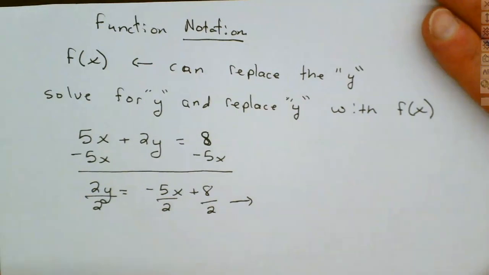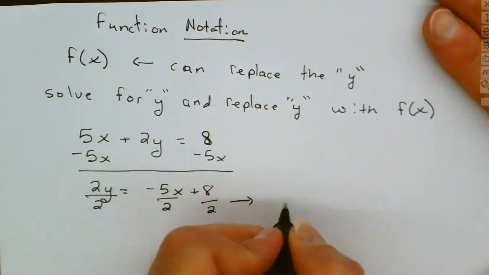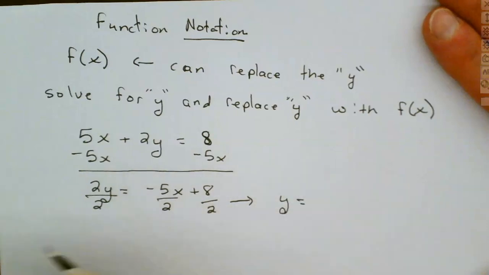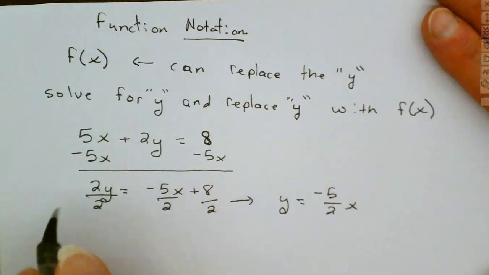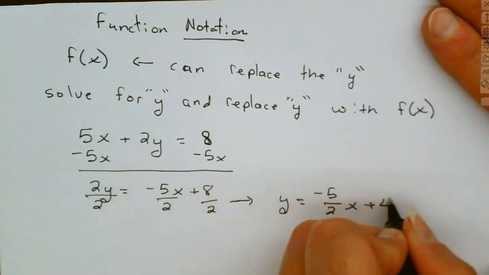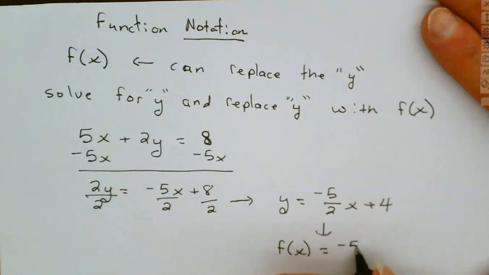Okay, when you solve for y, and it's a line that's in slope-intercept form, this would be y equals now minus 5 halves x plus 4, and we need to replace that y with f of x, so we can replace that with our function notation, f of x. And that is all I want you to do.